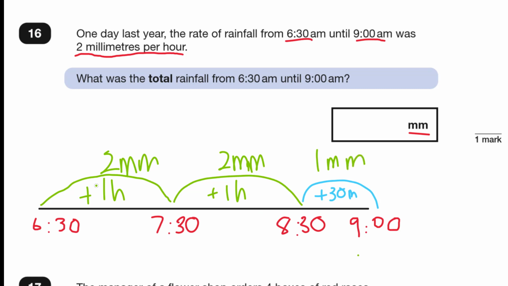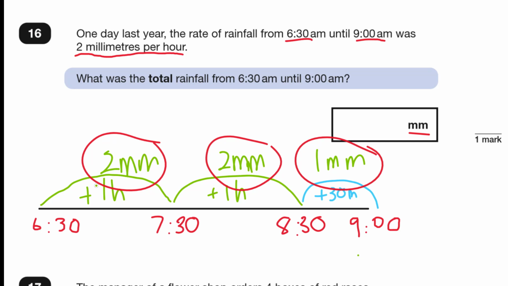So you can clearly see here, between 6:30 and 7:30 there was 2 millimeters, between 7:30 and 8:30 there was 2 millimeters, then that last half an hour is 1 millimeter. It doesn't matter if you did the 1 millimeter between 6:30 and 7 and then did 2 hours. Either way, it's all going to be the same, but the important bit now is to add all of the amounts up. So we've got 2 millimeters, 2 millimeters and 1 millimeter, and add those up, and that gives you your answer of 5 millimeters.